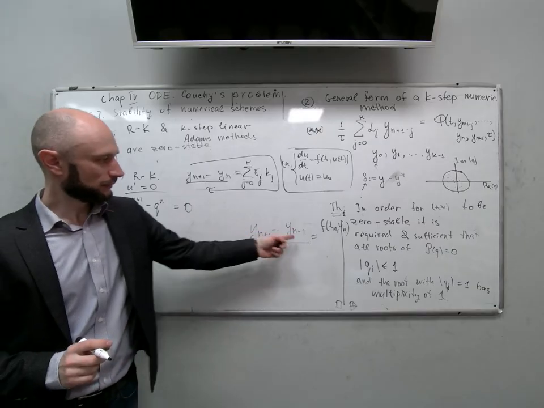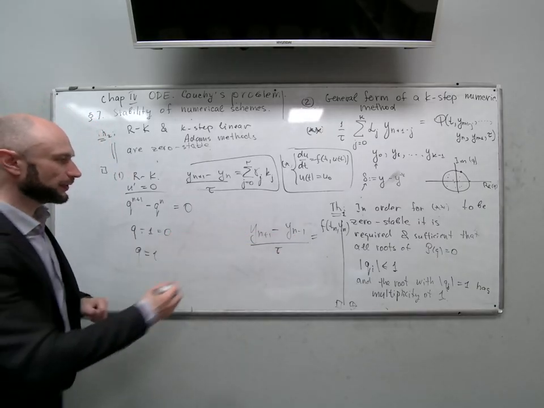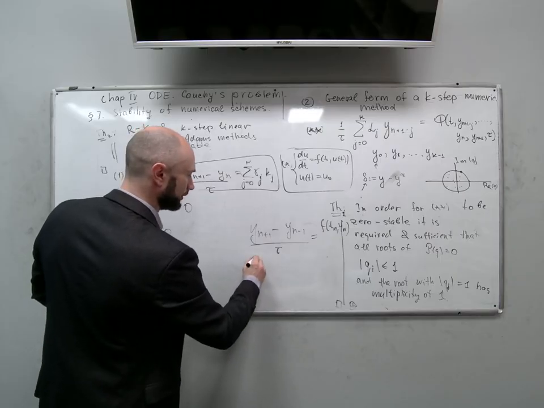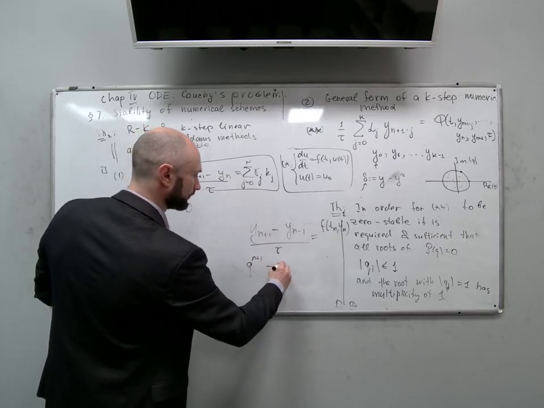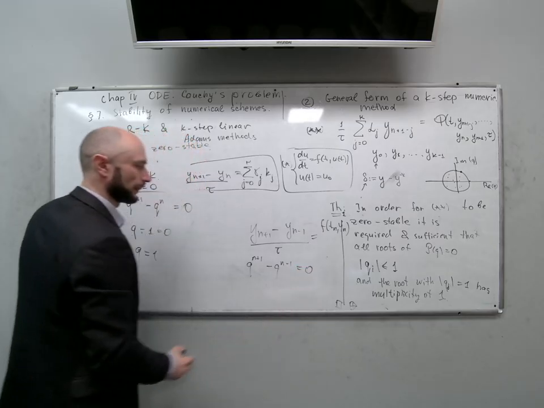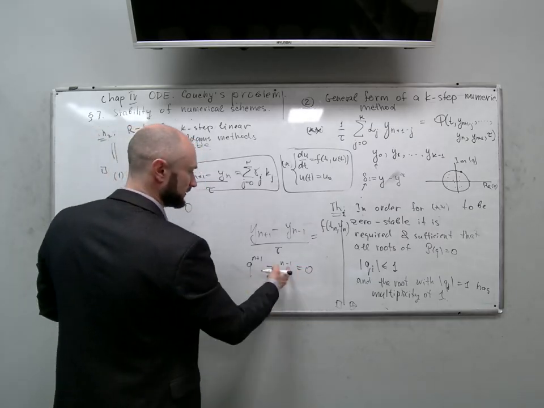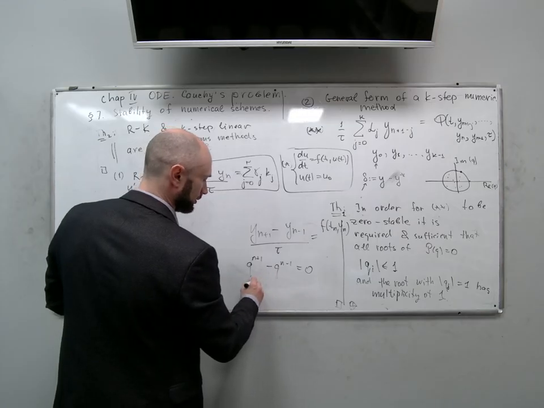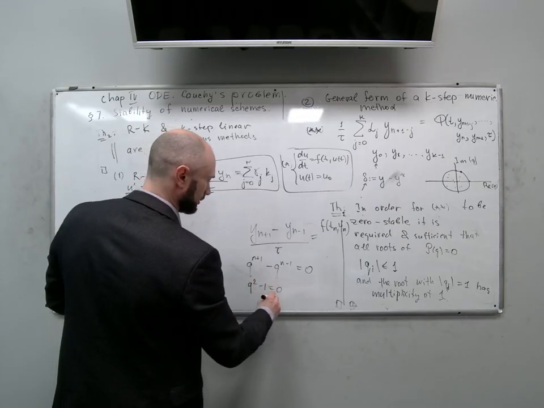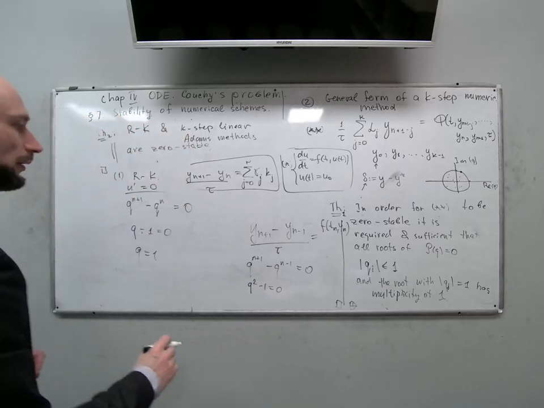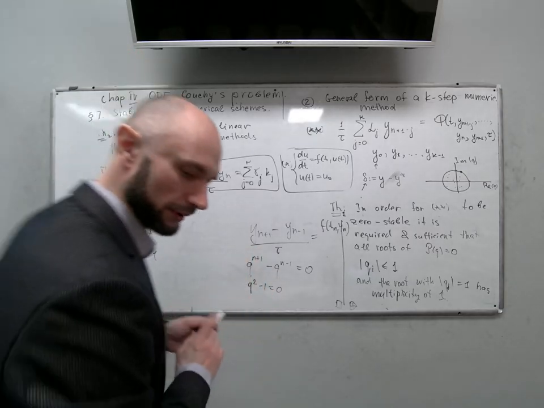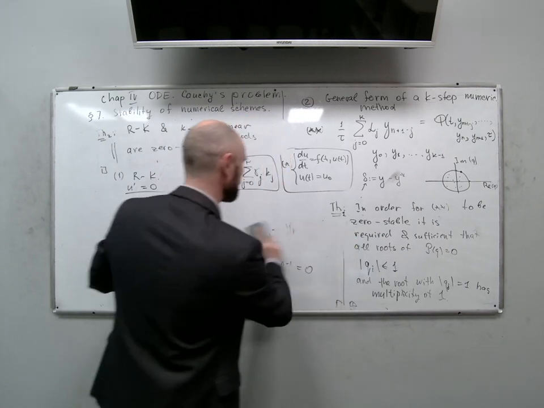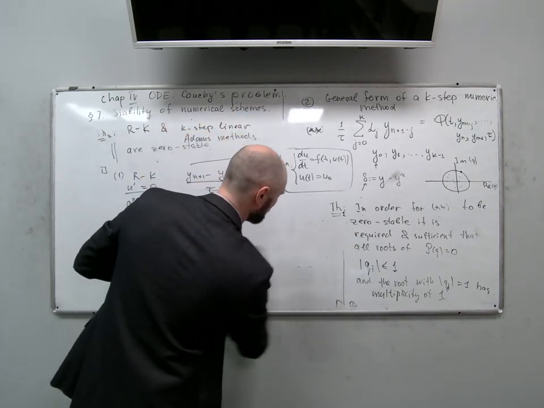Okay, so if you formulate the characteristic equation here, let's divide by q to the n minus 1. No, sorry, this was a wrong example, actually, because this was not an Adams method.